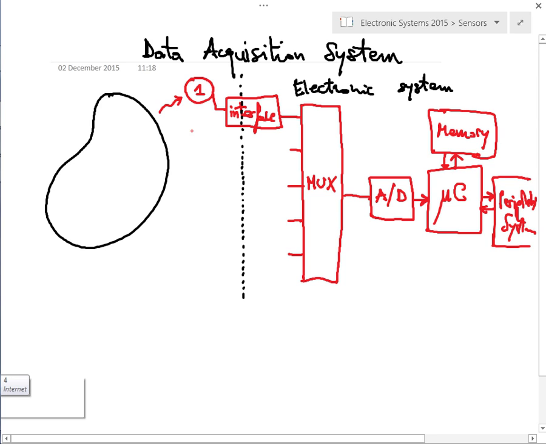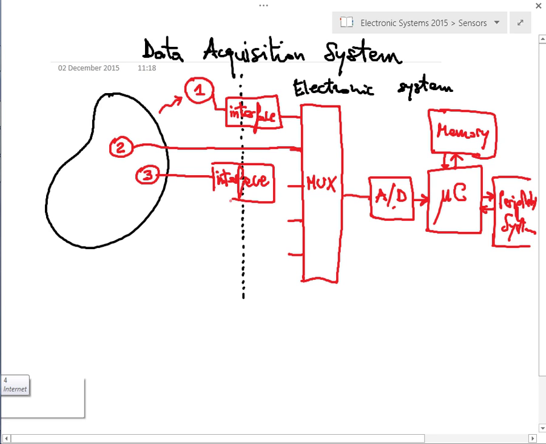Okay. Then we can have a sensor which is in contact with the system that we want to measure, and it might be able to already send the data in a form that can be transformed into a digital signal by the ADC. So there's no need for an interface. Other sensors might instead need a specific interface.